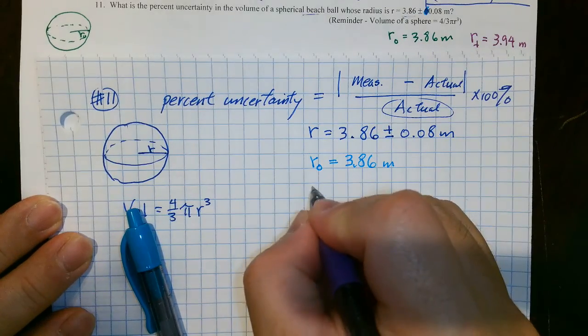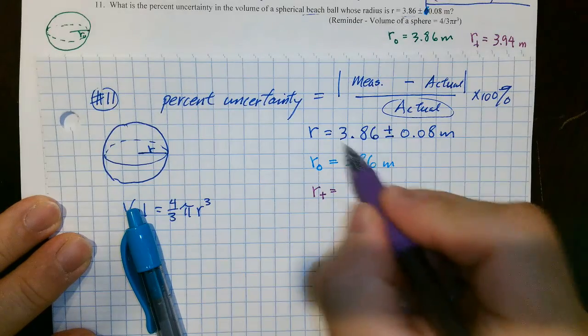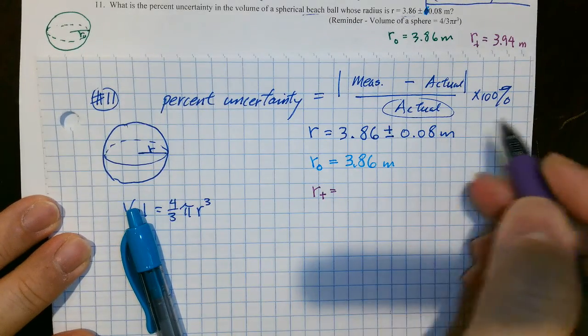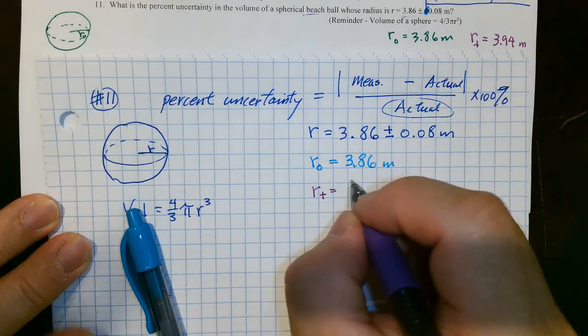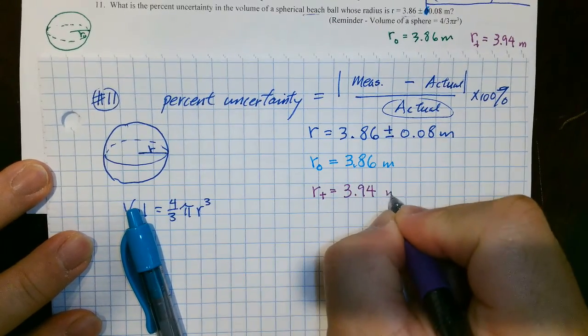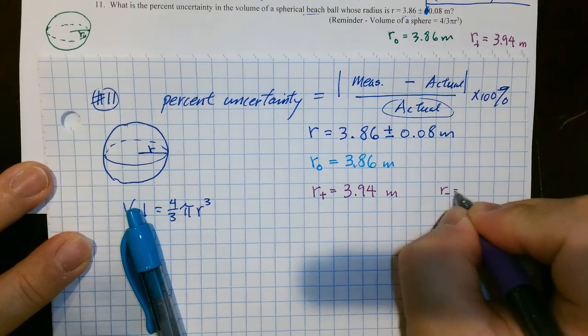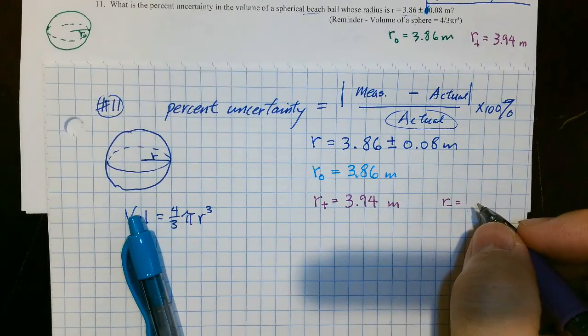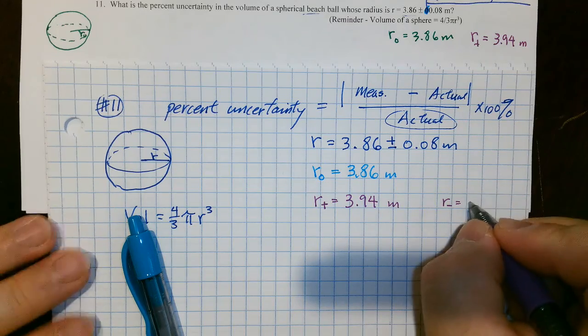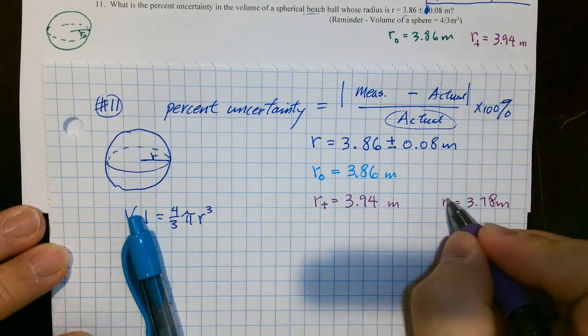With the uncertainty, r plus will be this plus that, so it will be 3.94 meters. And of course, r minus is equal to 3.78 meters.